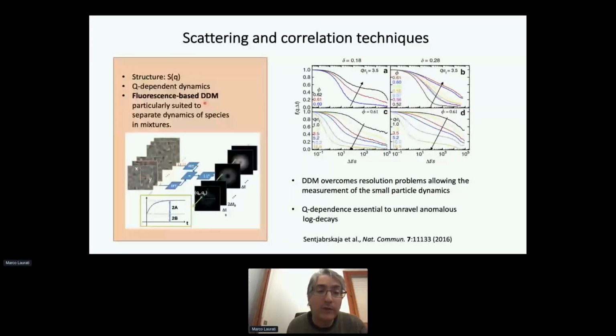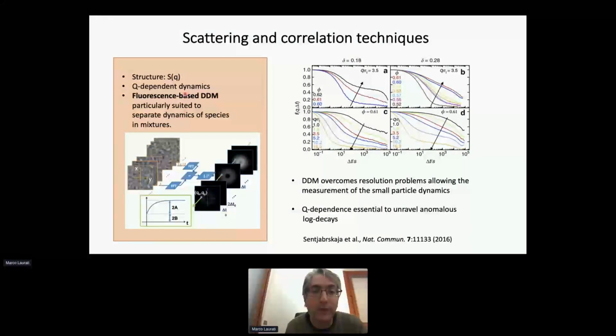And we found that a very useful tool for investigating mixtures is differential dynamic microscopy, which has the advantage of being combined with the use of, for example, fluorescence, which is the way of being selective with respect to the species that we are investigating.